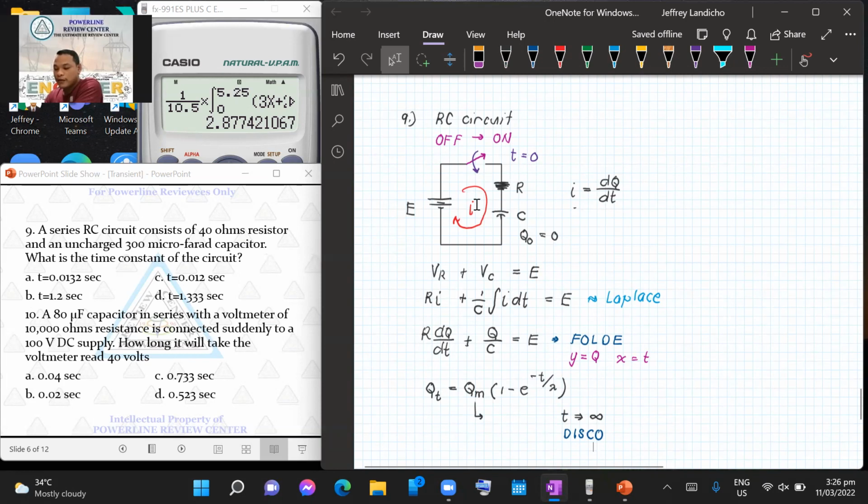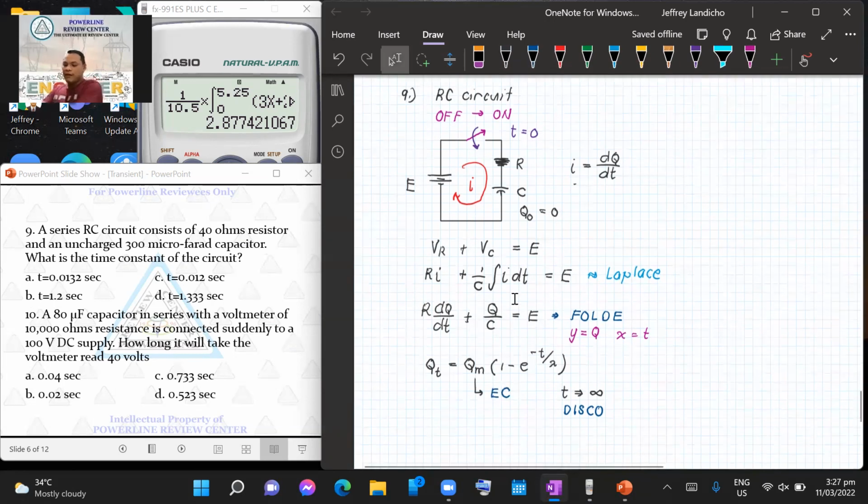Diba, kung naka-open yan, voltage drop here is what? 0. Kasi mataas ang resistance ng open circuit. Kaya magiging voltage lang natin is sino? CE. Kaya lumalabas, the charge of the capacitor is maximum and it will approach at time approaches infinity. It is equal now sa product ng ating source voltage at saka ng kanyang capacitance. So that would be the value of our Q sub M, or represents the maximum charge of the capacitor, or that is the steady state charge of your capacitor.